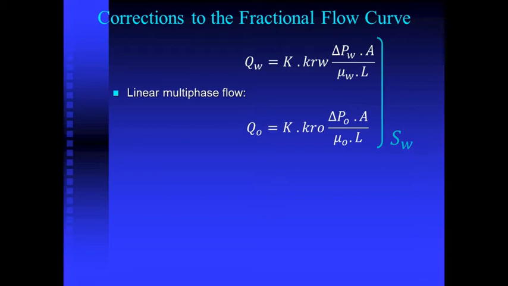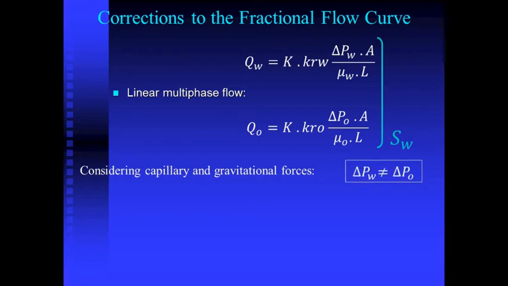However, when we consider even a linear system like the one originally analyzed by Buckley-Leverett and later by Welch, and we want to include the capillary and gravitational phenomena, the calculations are no longer that simple. Since the pressure differences for water and oil are not the same, the different fluid densities and the capillary pressures generate different pressure gradients for each phase. Then, it is mandatory to include corrective terms.